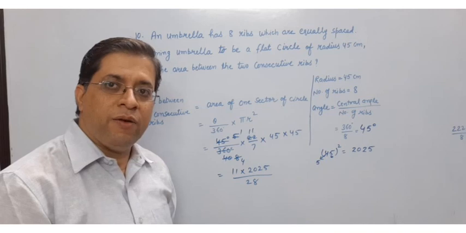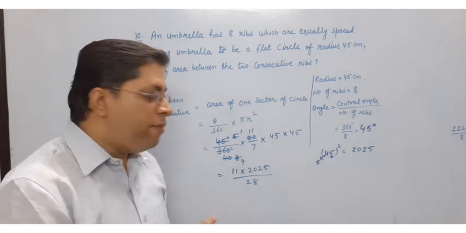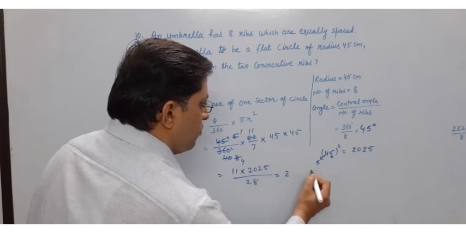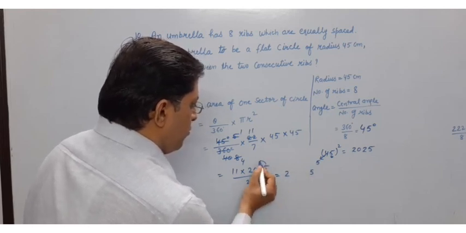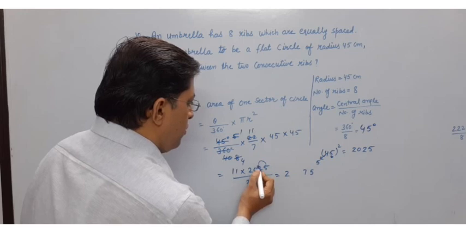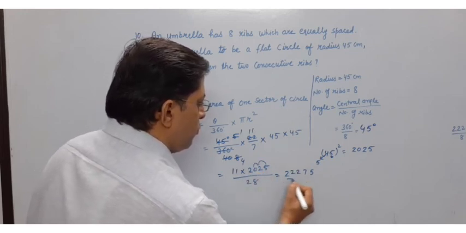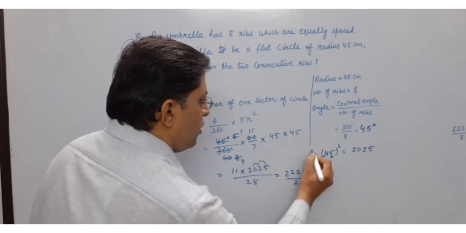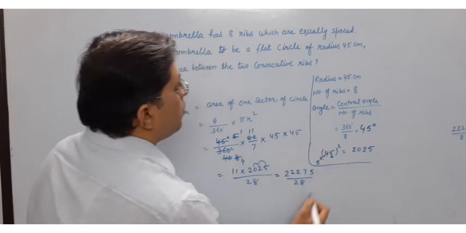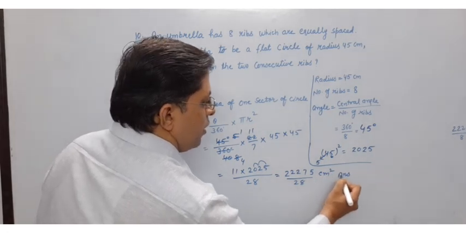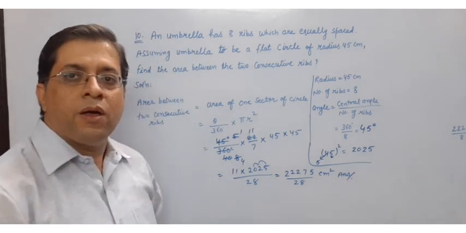Again one more technique by Vedic maths: multiply by 11, take the unit digit and last digit. 5 plus 2, 7. 2 plus 0, 2. 2 plus 0, 2. Upon 28. The unit is centimeter square. And this is your answer.